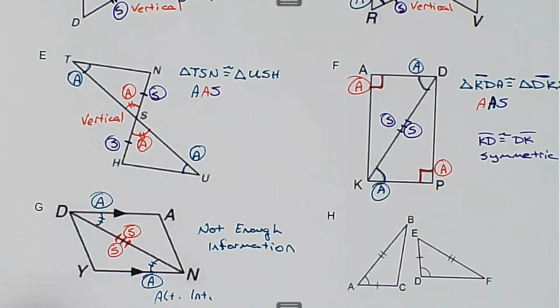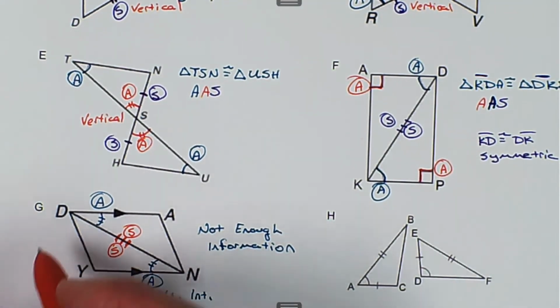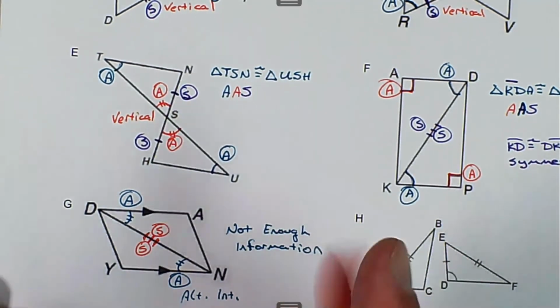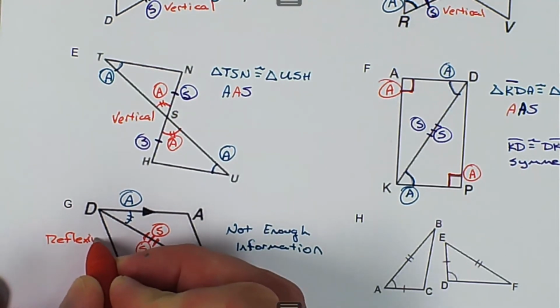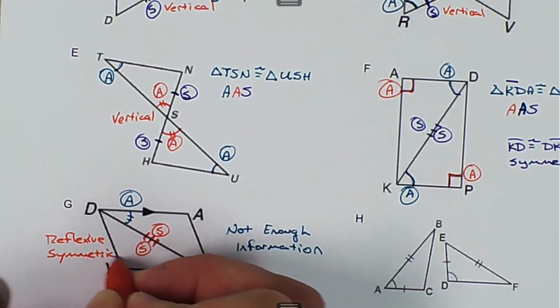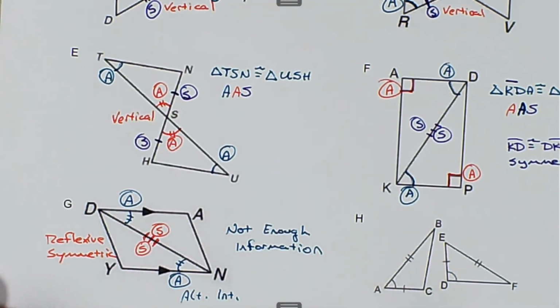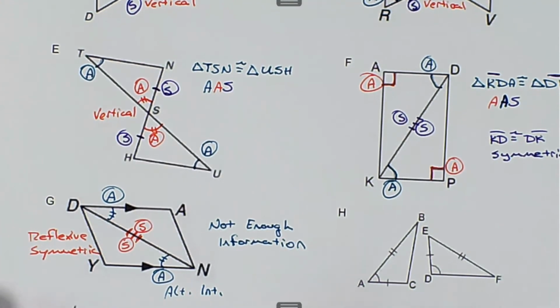And then we're not really sure if this would be symmetric or reflexive, but it would be one of those two. But even with those two pieces of information, we still can't prove that those triangles are congruent.